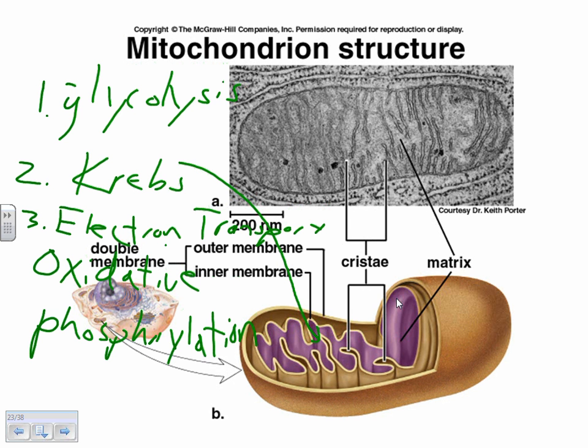And by the way, these folds in this inner membrane are called cristae. That's a word you need to know now. The cristae is the name for the folds on that inner membrane, which is where electron transport happens, or oxidative phosphorylation. So they're the same thing? Yeah, we're going to use these two words interchangeably. Okay. I'm usually going to call it oxidative phosphorylation because it's more descriptive.